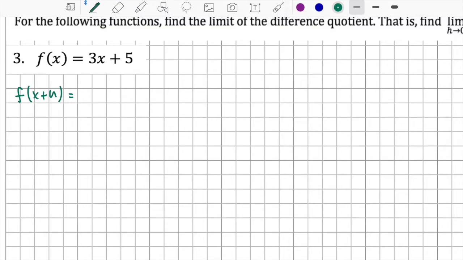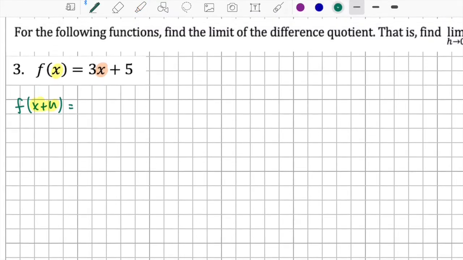Well, all that means is that you're going to get this x, you're going to replace it with x plus h, meaning this x gets replaced with x plus h also. So now it's going to look like this: 3, but instead of x, we're going to write x plus h. Make sure you put it in parentheses, and then plus 5.